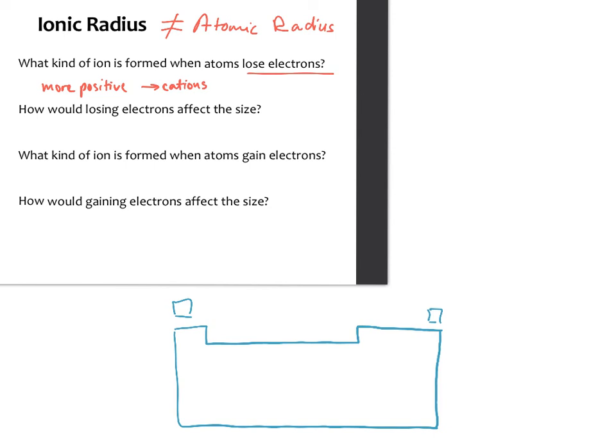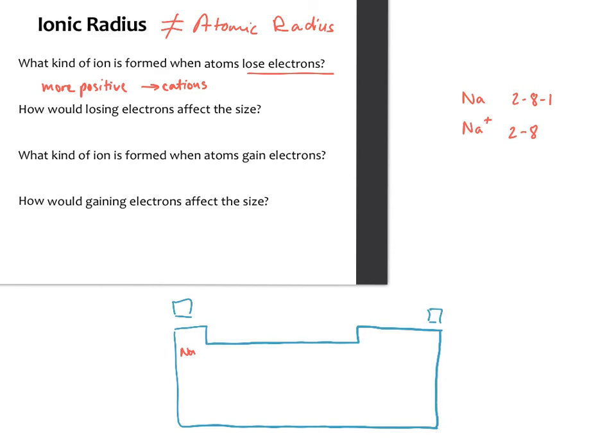Alright. So how would losing electrons affect the size? Let's talk about sodium as our example. Sodium has an electron configuration of 2,8,1. So in order to bond with other elements, it wants to give up its electron. So it becomes a cation. So Na is over here just as a reference. It loses 1 electron to become 2,8.